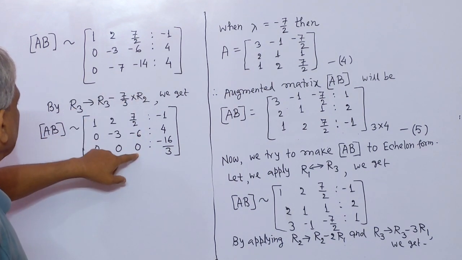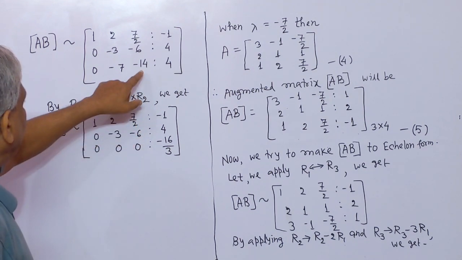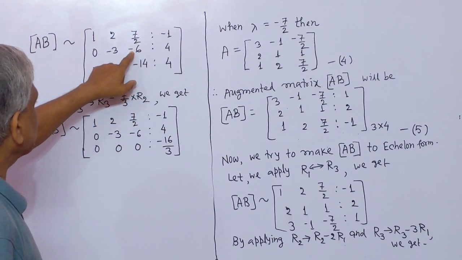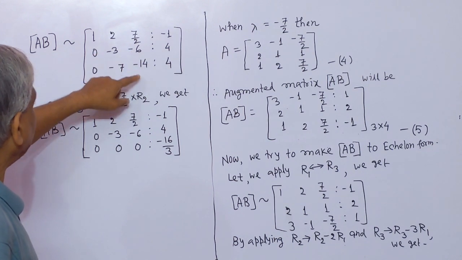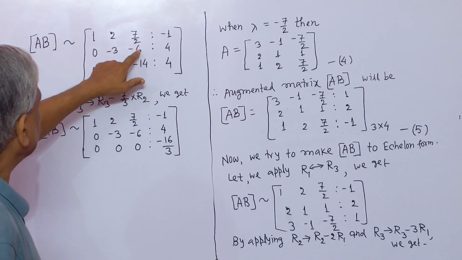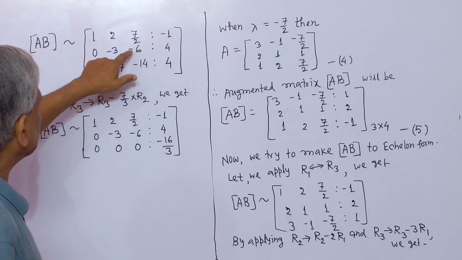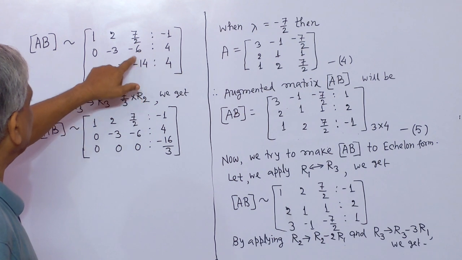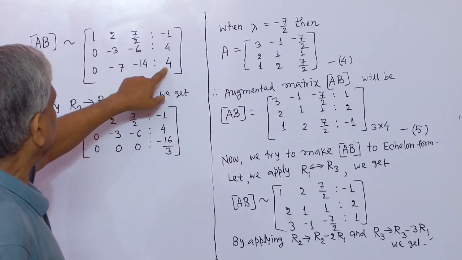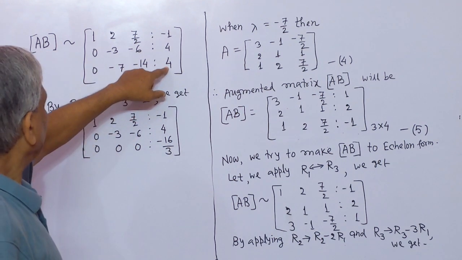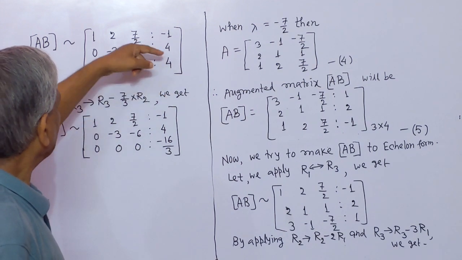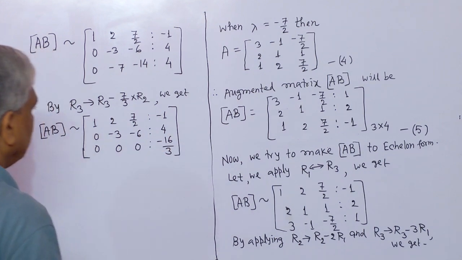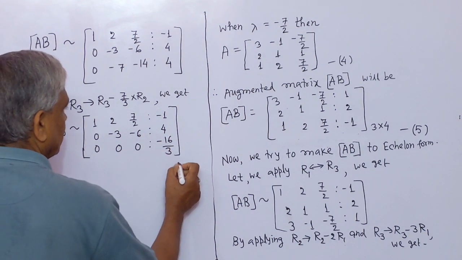Here in place of minus 14, minus 6 multiply 7 by 3: 3 2s are 6, so here remains 2, and 7 2s are 14. So minus 14 plus 14 is 0. In place of this, 4 minus 7 by 3 multiply 4, we get minus 16 by 3. Let this be number 6.